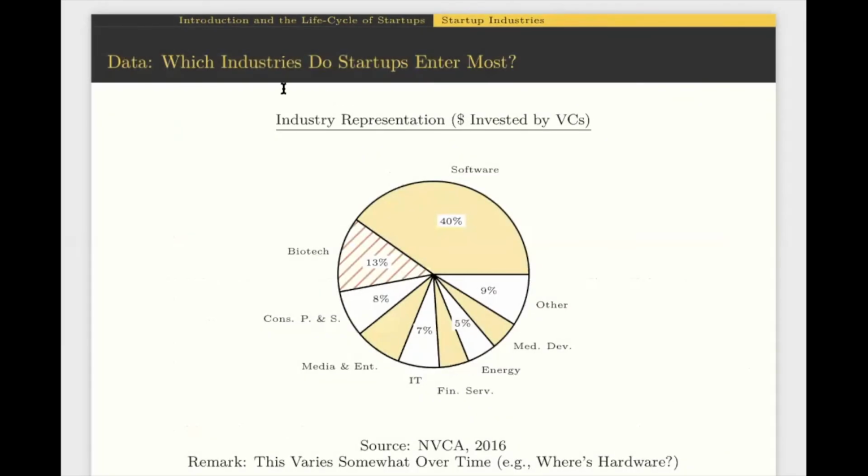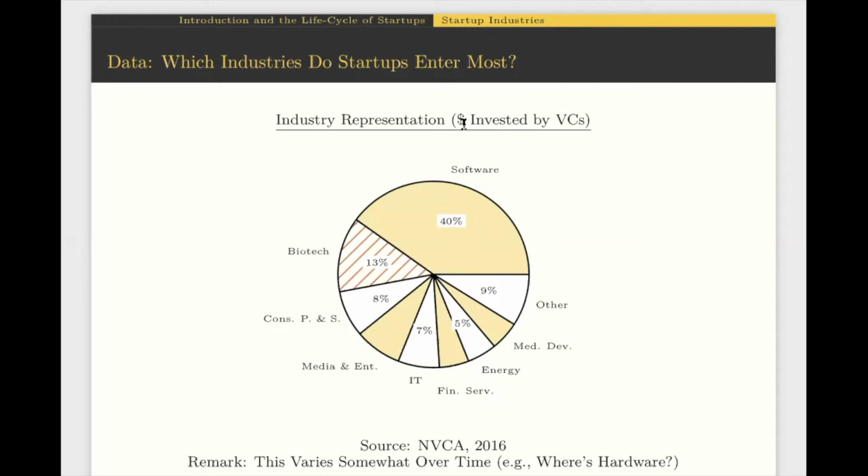I'll also discuss a little bit the industries that startups generally enter. So this is, again, some data from the National Venture Capital Association. Again, looking at 2016, and what this looks at is across all venture capital investments, what was the distribution in terms of dollars invested into different industries.